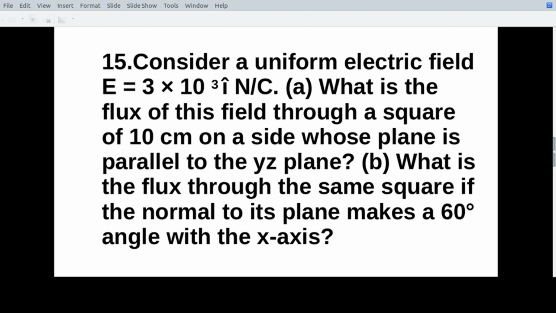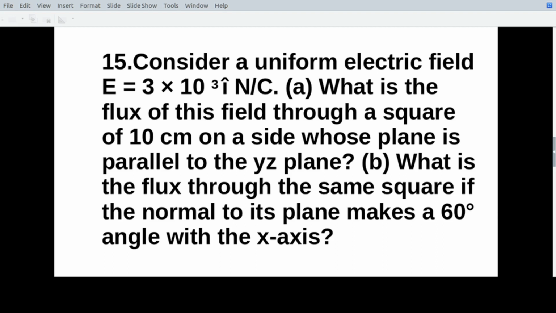B part, what is the flux through the same square if the normal to its plane makes a 60-degree angle with the x-axis? You are given the electric field intensity E, then you are given the square, the side of the square 10 centimeter, and electric field is along x-axis because i cap is there. I cap shows that the electric field intensity is along x direction.